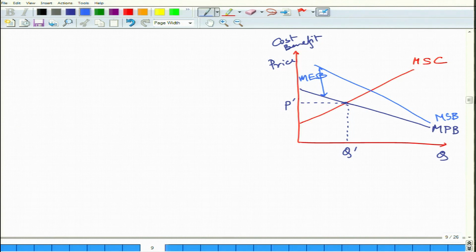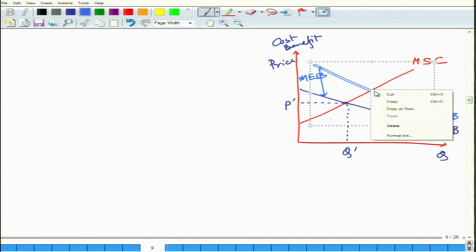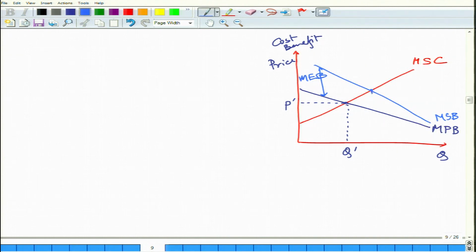Therefore, now you can see that because of the marginal social benefit and marginal social cost, they are finding a new equilibrium over here, which increases the output.